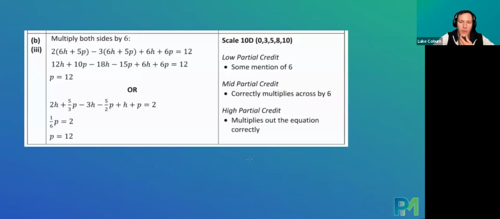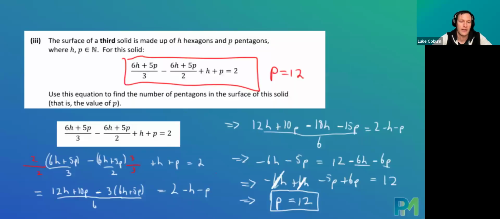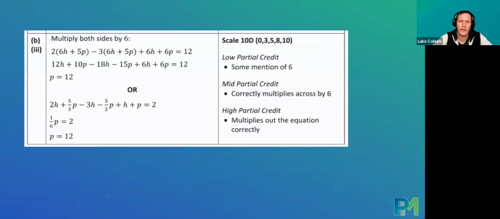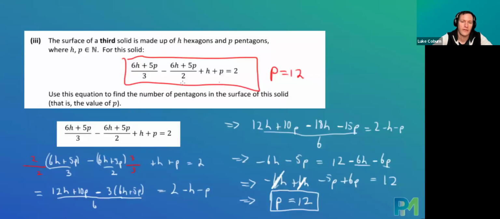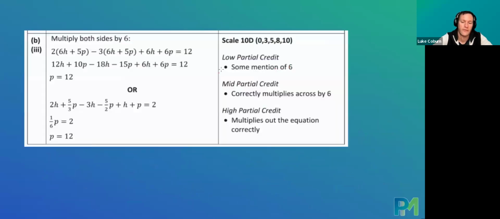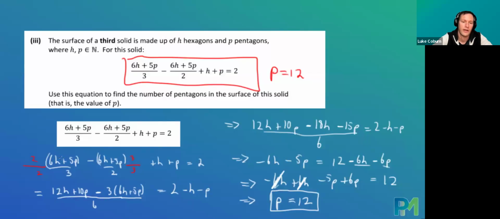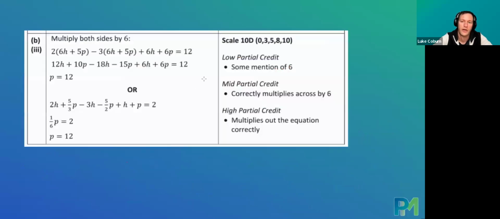So if we have a look at this, the low partial credit was a mention of multiplying both sides by the 6. So that step that I did, they were sort of saying multiplied by the 6 in the first place. For having done some of this work here, that would be enough for the low partial credit.